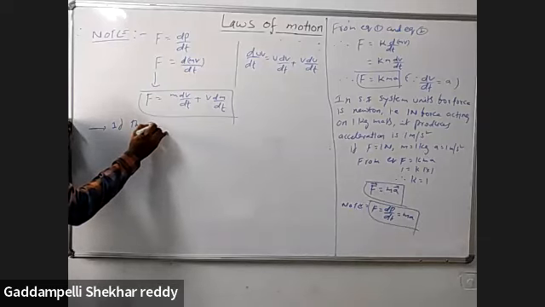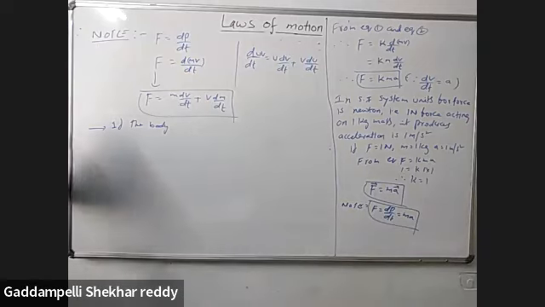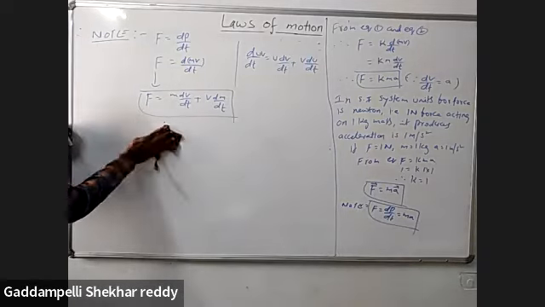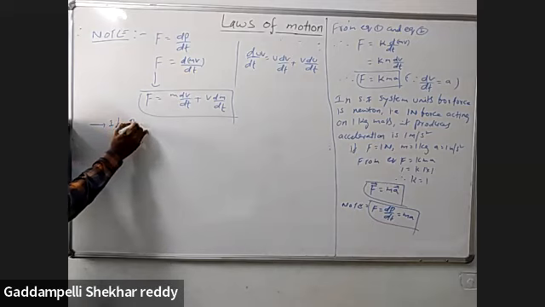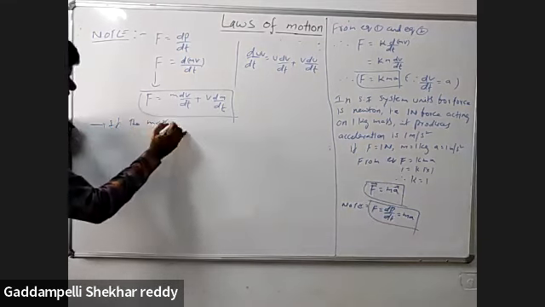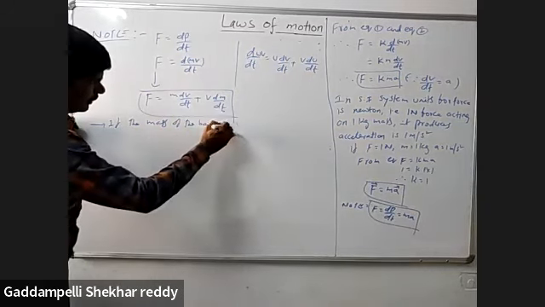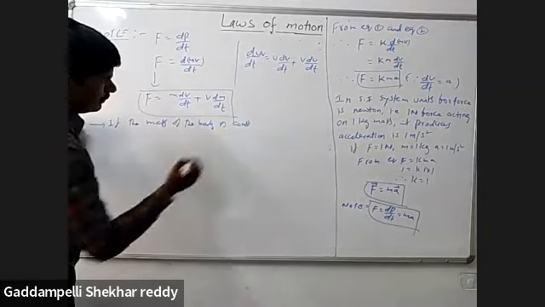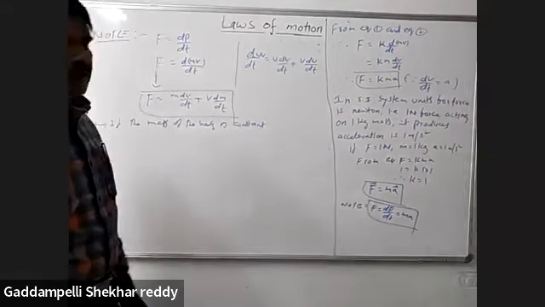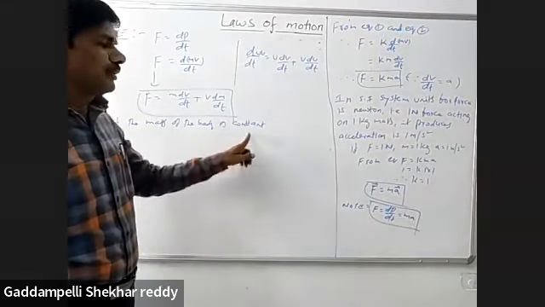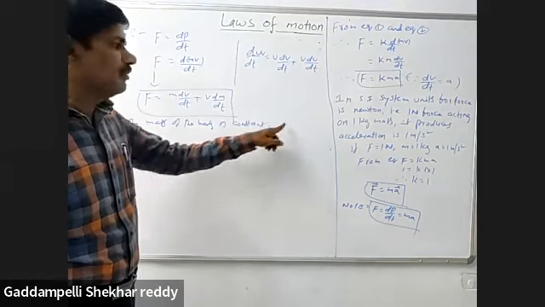If the mass of the body is constant, for example a person moving on a bicycle, the mass does not change, and the person's mass also does not change.